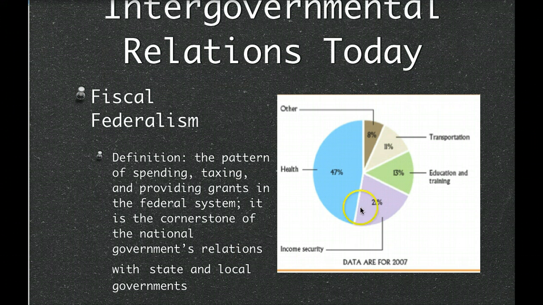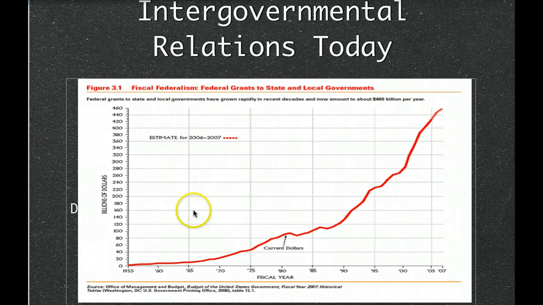So we can see here income security would be things like Social Security, disability, things like that. Health would be certainly Medicare. Transportation would be interstate highways, so on and so forth. And we can also see where fiscal federalism has had an important impact upon the states as the federal government increases its largesse to the states using grants.